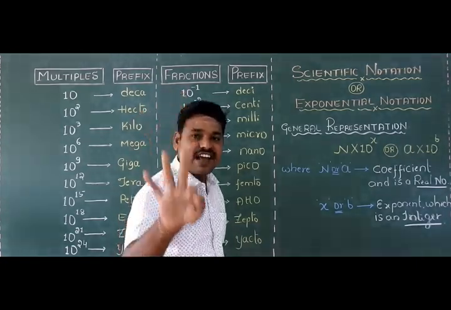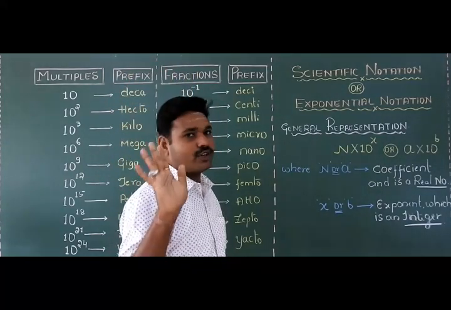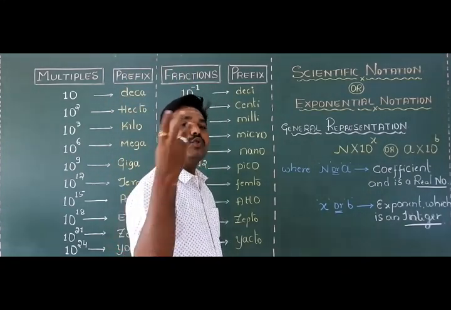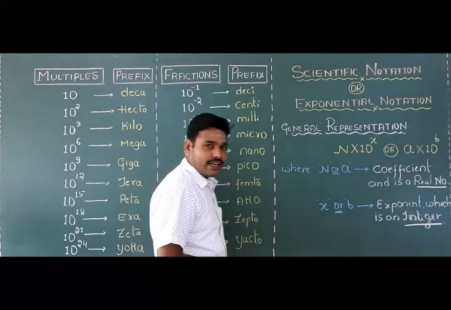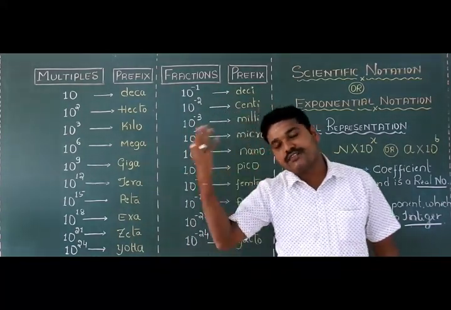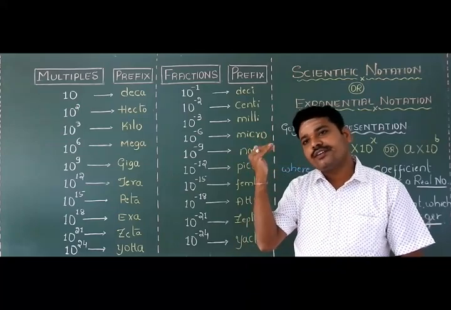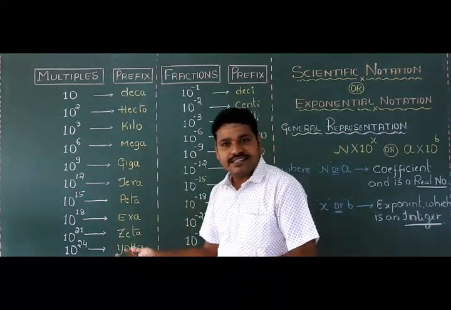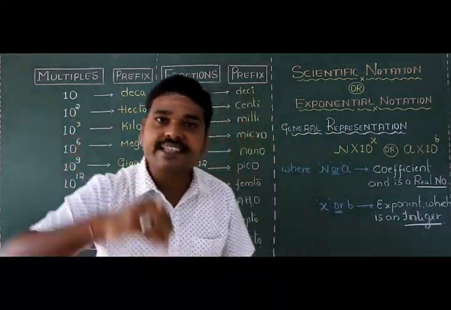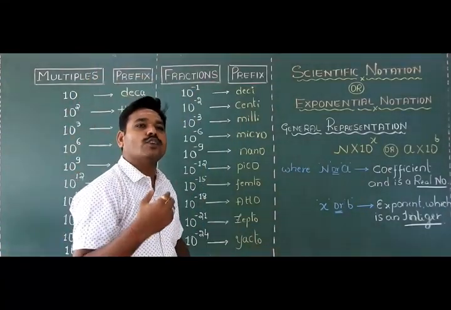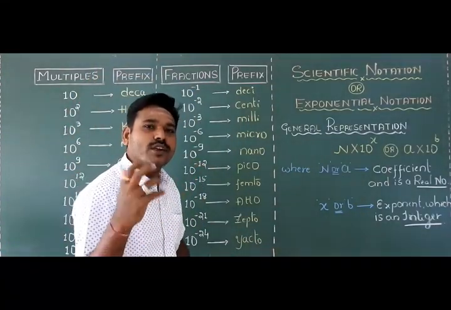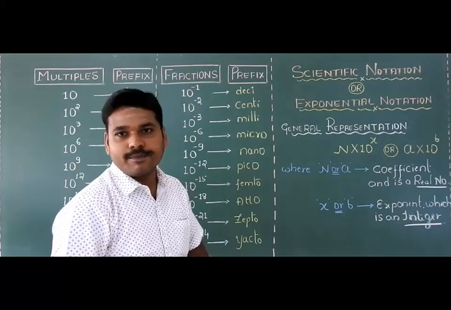Degree Celsius, Fahrenheit and Kelvin scale, students. And already you know how to convert degree Celsius into Kelvin and Kelvin into degree Celsius. Similarly, converting Fahrenheit into degree Celsius and degree Celsius into Fahrenheit is known. This conversion was also discussed in the last session.